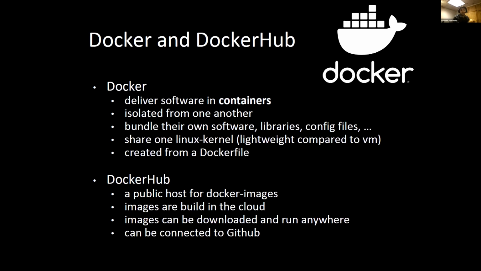So the image is kind of the blueprint of your small computer. DockerHub provides a public place where you can save images and provide them to the public. You can also link that with GitHub so that there are automated builds of your Dockerfiles from GitHub done on DockerHub on specific events.